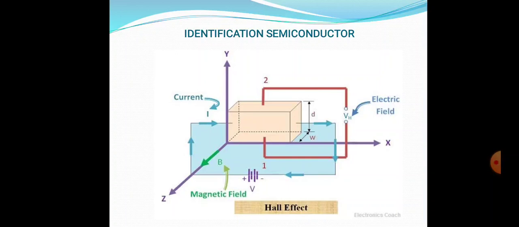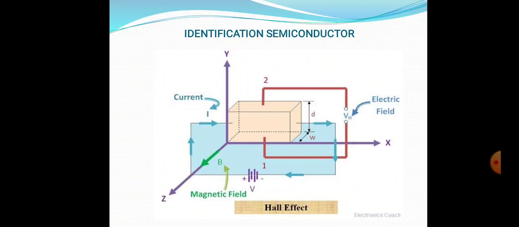By knowing the polarities, we can decide whether the given material is an n-type or p-type semiconductor. In an n-type semiconductor, electrons migrate in the downward direction, whereas in the p-type semiconductor, holes make a downward transition.